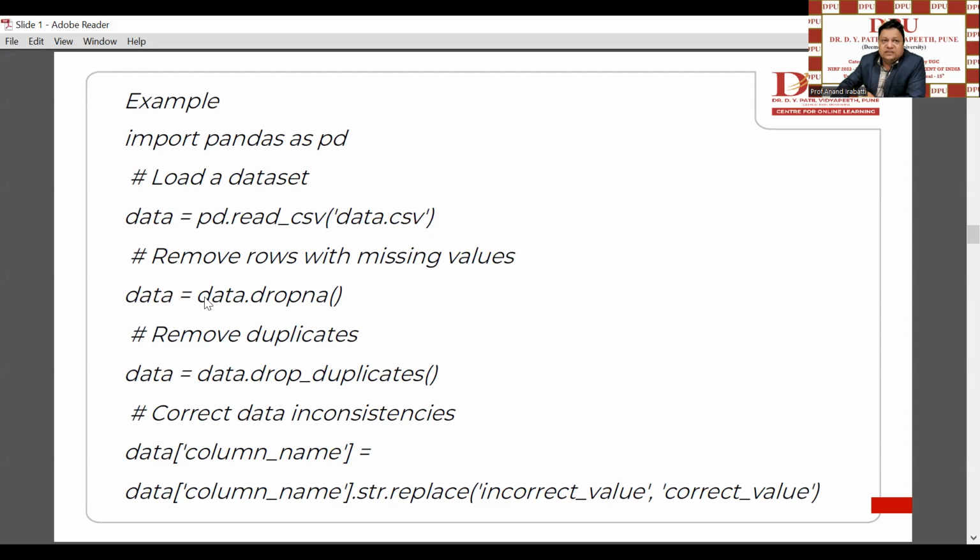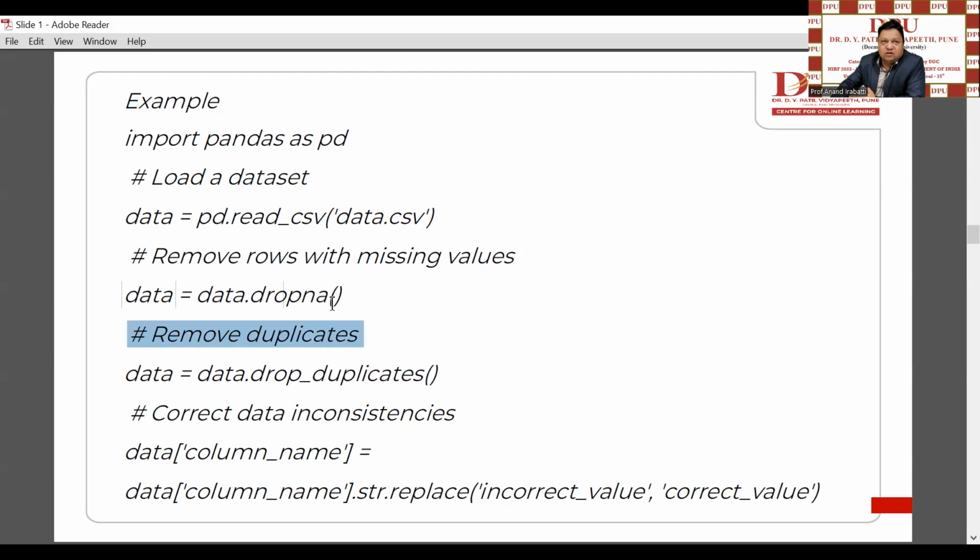And now from this data, I'm finding out the rows with missing values, like the data.dropna function. So this will drop the rows having missing values. So now my data set is free of rows having missing values.